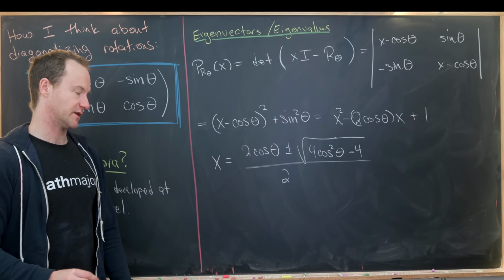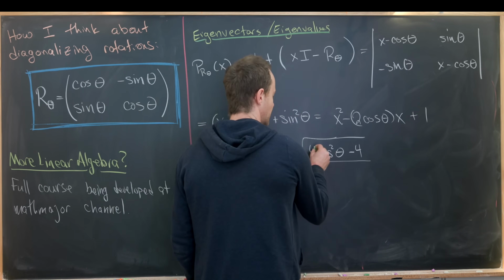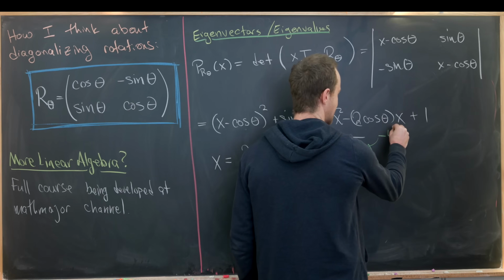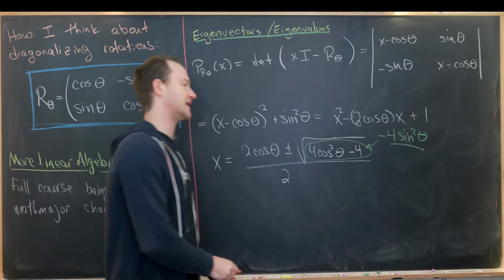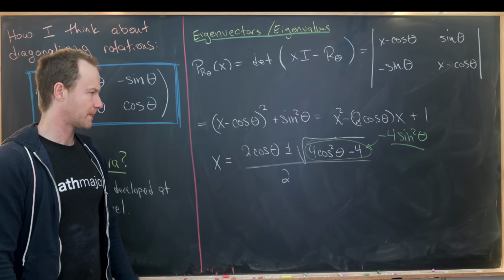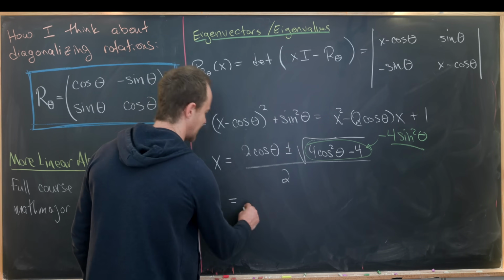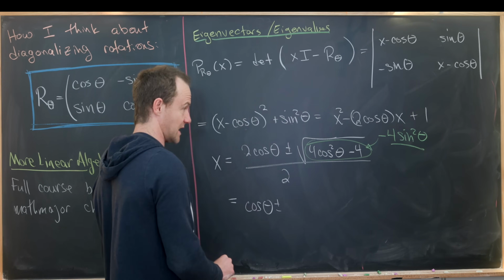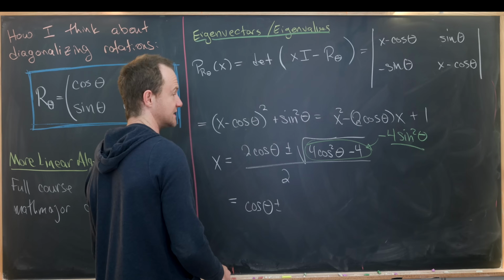Again, quadratic formula. Next, we can notice that 4 times cosine squared minus 4 is exactly negative 4 times sine squared, using the Pythagorean identity for cosine and sine. Now we can cancel this 2 with this 2, giving us cosine theta, and then we'll have plus or minus the square root of negative 4 sine squared.